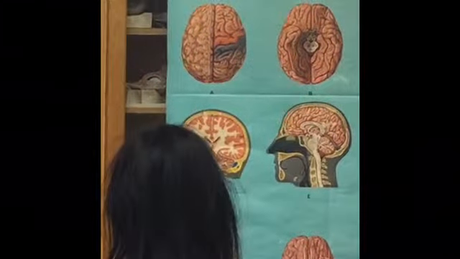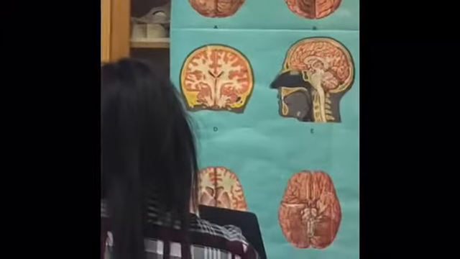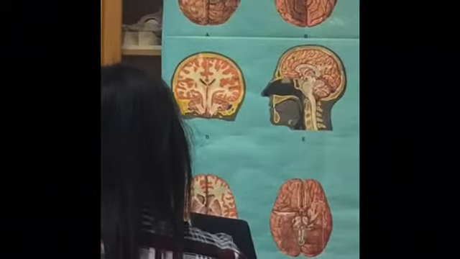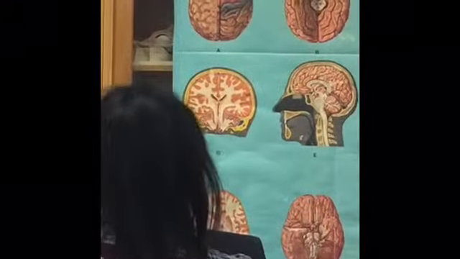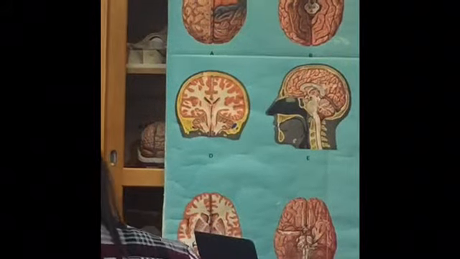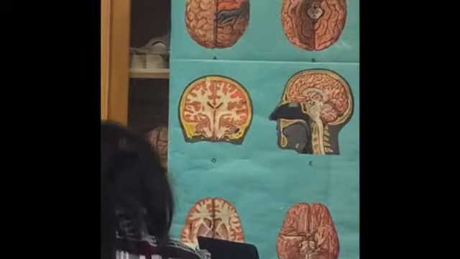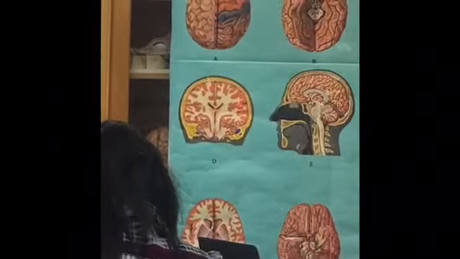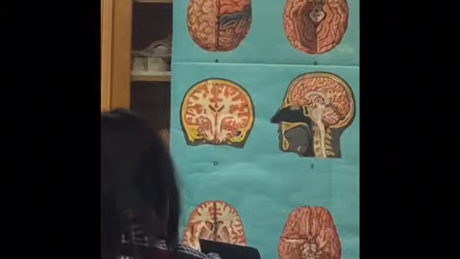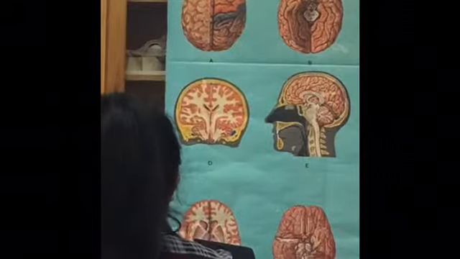Falx cerebri, okay? And then the one that divides the cerebrum from the cerebellum, remember it looks like a tent, right? So it's called the tentorium cerebelli. That one is clinically relevant because if a person has a brain bleed, right, epidural, subdural, intracerebral, subarachnoid bleed, any of those things, pressure on the brain can press down on the tentorium and affect specifically what cranial nerve?